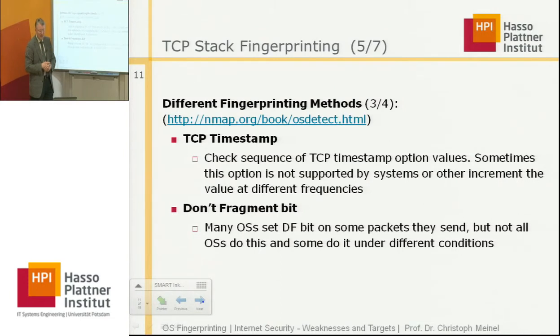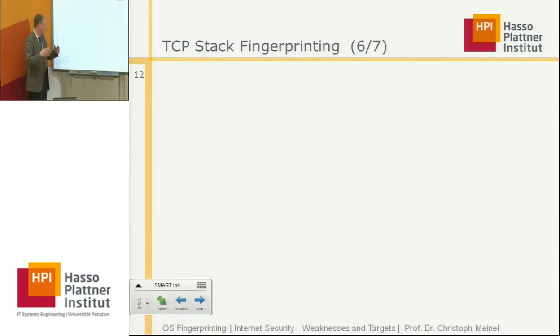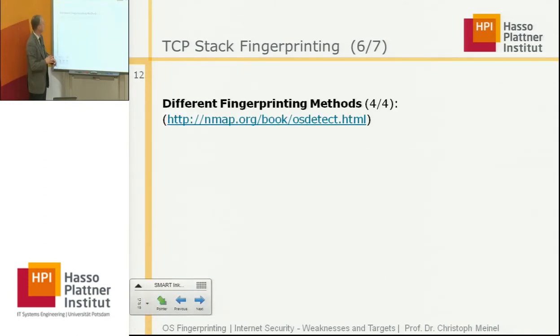The don't fragment bit is also a possibility to reveal information about the underlying operating system. Many of the operating systems set the fragment bit on some packets they send, but not all operating systems do this, and some do this under different conditions.